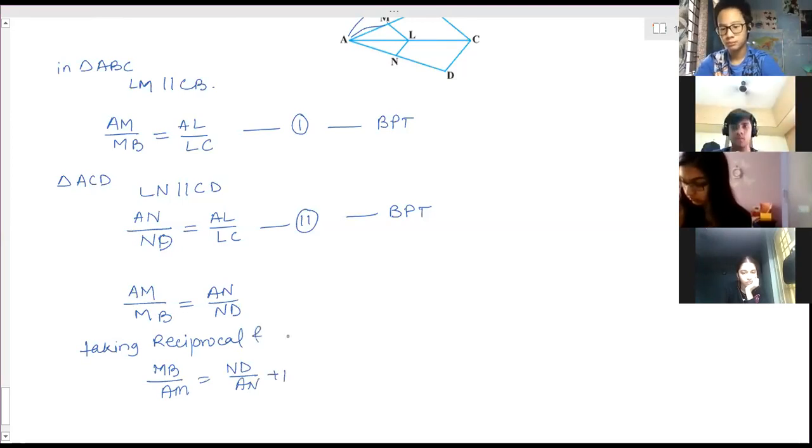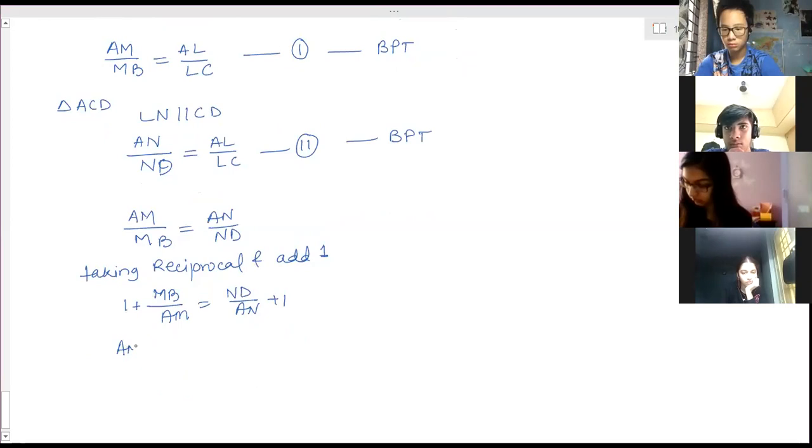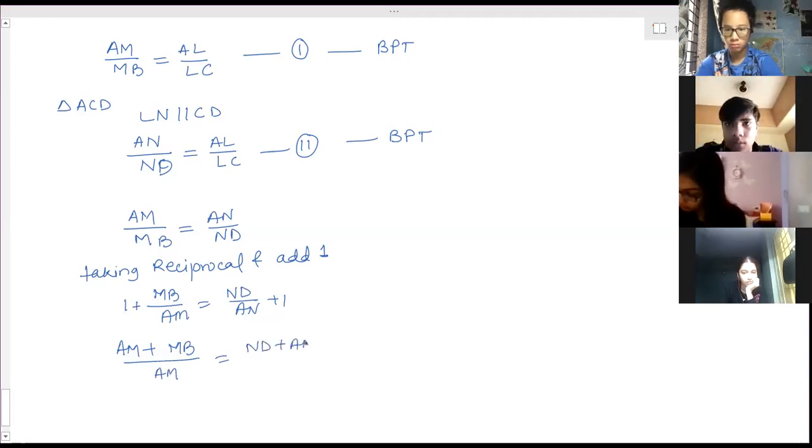Then adding 1 on both sides, it is AM plus MB by AM is equal to ND plus AN by AN.